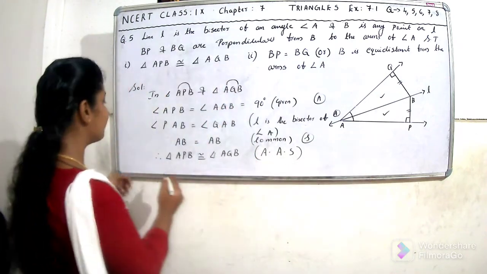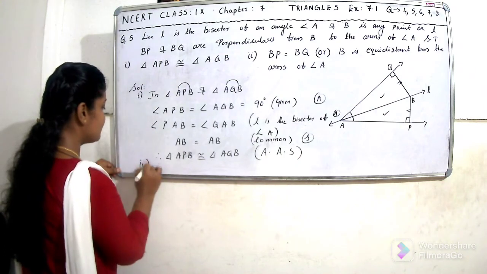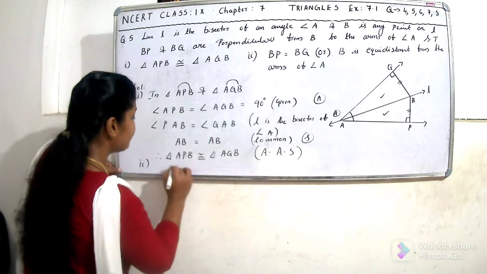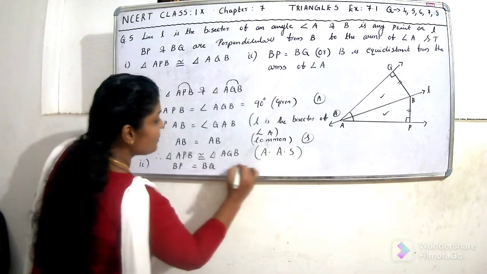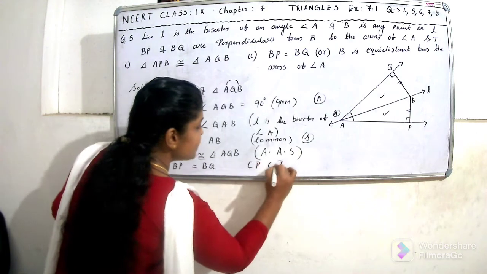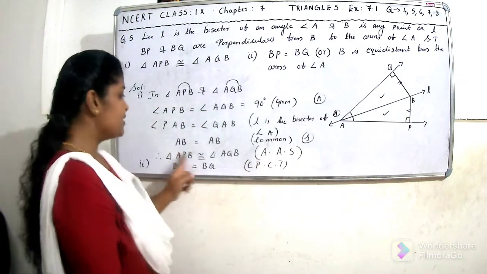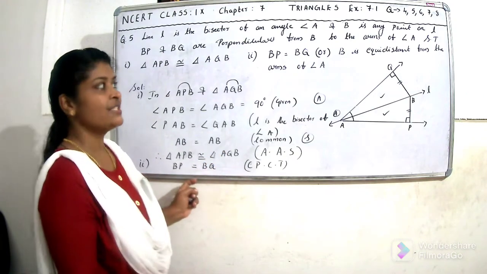So this is the first one. Now second one's answer we can write. Which one we ask? BP equal to BQ because of CPCT. Since these two triangles are congruent, so CPCT. Okay, these two sides are equal.